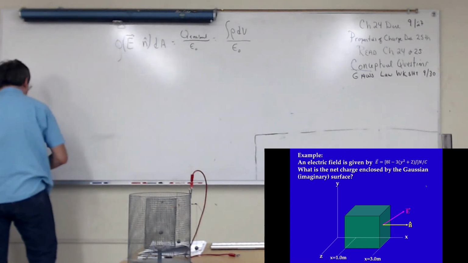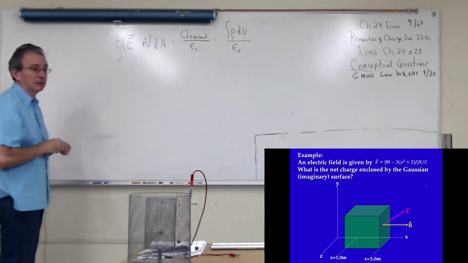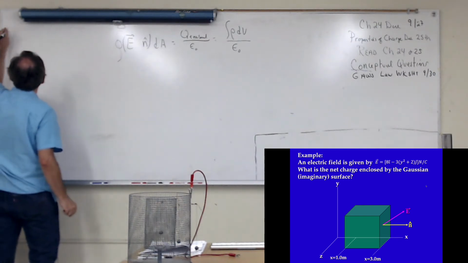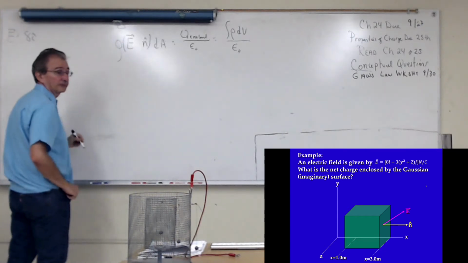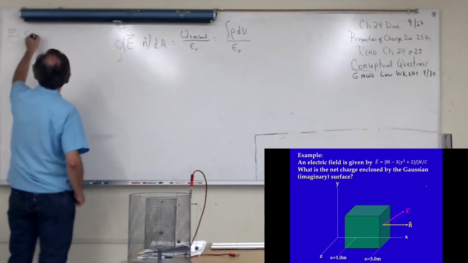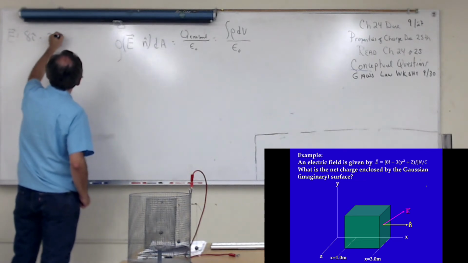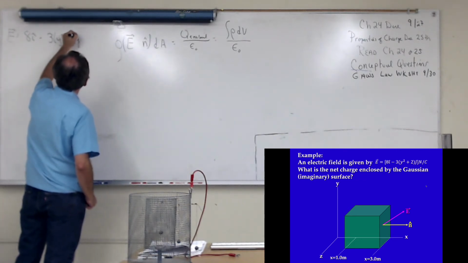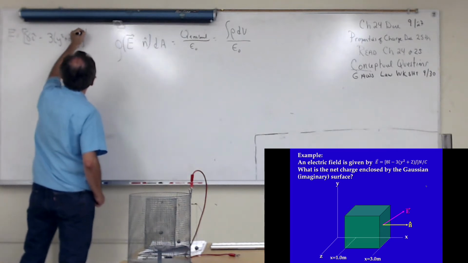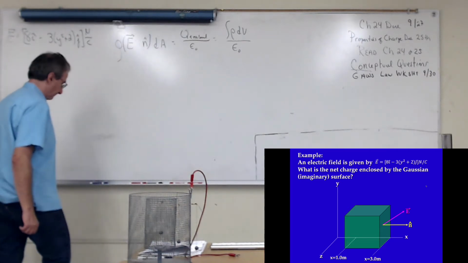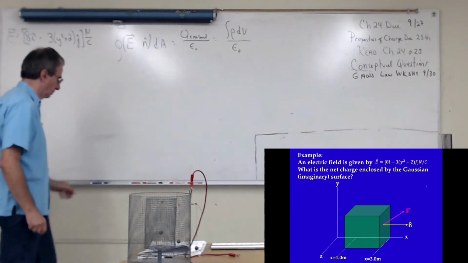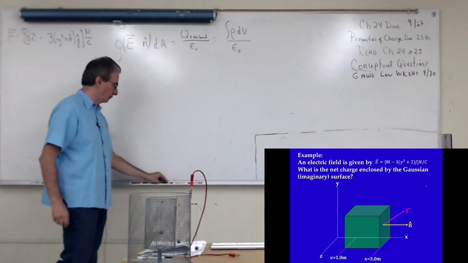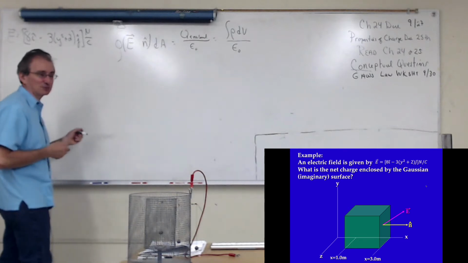All right, so let's say we have an electric field given by the following expression. It's equal to 8i minus 3y squared plus 2j newtons per coulomb. Okay, that's our electric field. In our box that we want to look at, I'm going to try to draw this box up here, okay?